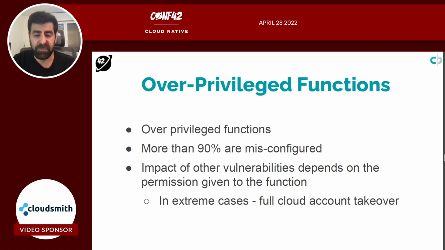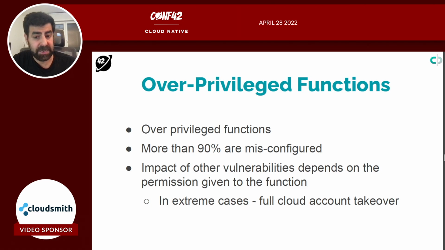The impact of other vulnerabilities and other security risks that we discussed, again, depends on the permissions of the function, because if the function only has permission to execute the code and write to the log, to the STDOUT to the log system service, then the impact here, even for a code injection, is quite limited. On the other hand, if the function has permissions, in many cases like wildcards to services, to S3 buckets, and we will see that in a demo later, you can see how big of a mess it can do.